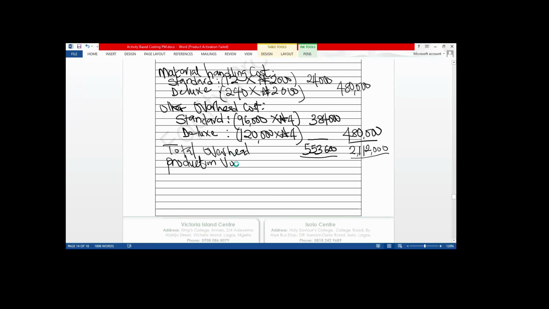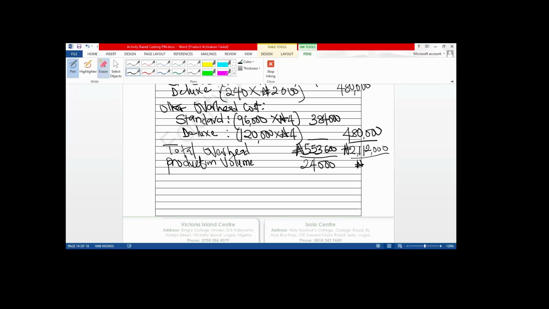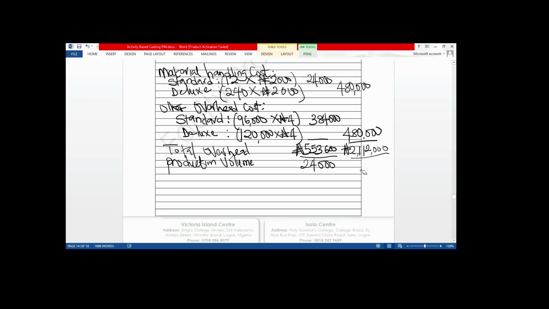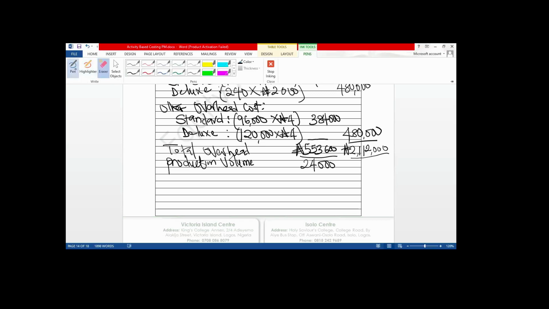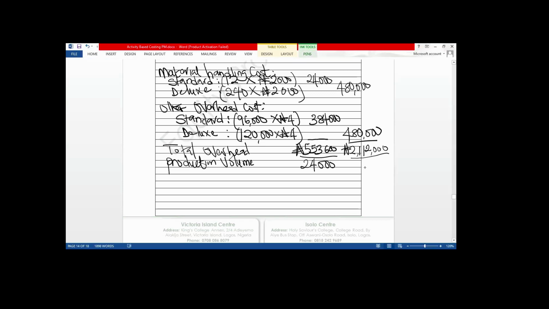Production volume. This is 24,000 units.